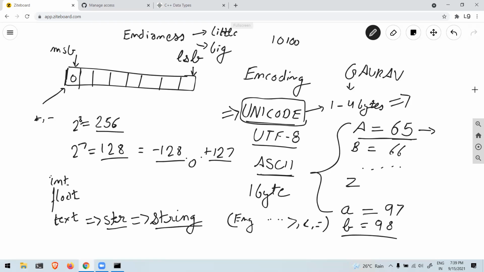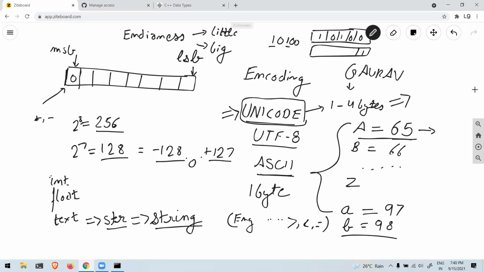This is the most significant bit and this is the least significant bit. If I have to put it inside a computer system, it can write it in two ways. It can either write the most significant bit on the left like this, or it can store it in the reverse order, with the most significant bit on the right-hand side.